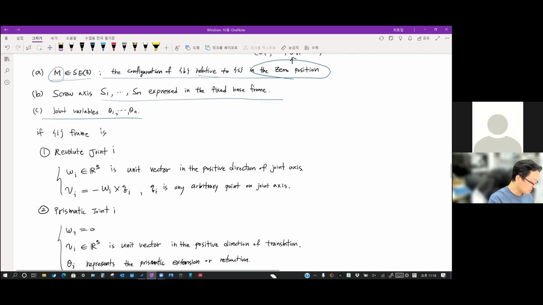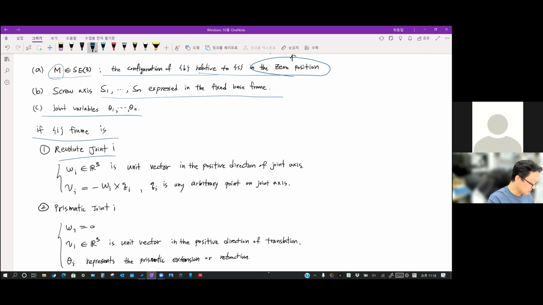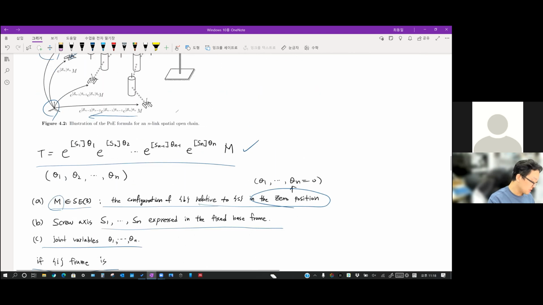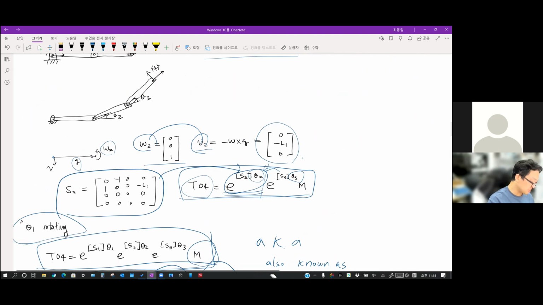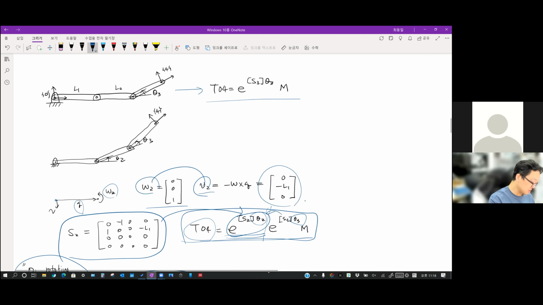And also, if the i-th joint is a revolute joint, omega i is a unit vector in the positive direction of the joint axis. So in the example, it becomes something like 0, 0, 1.